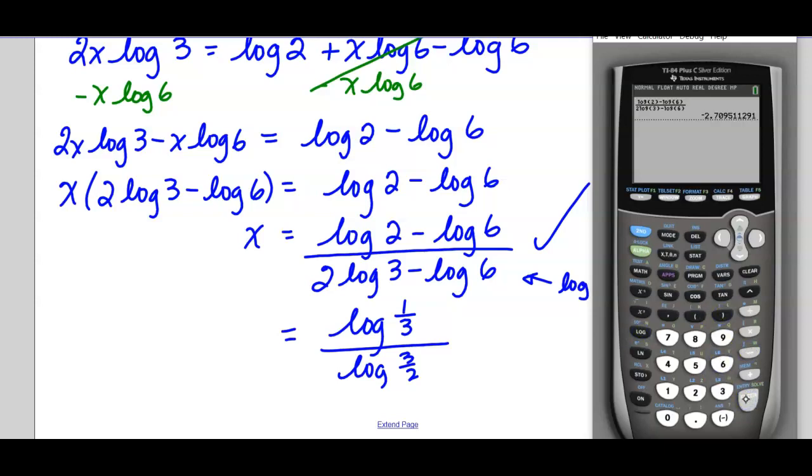Okay, then I do log of 1 divided by, let's do it in fraction form. Log of 1 divided by 3. Log of 3 divided by 2. And I get the same thing.